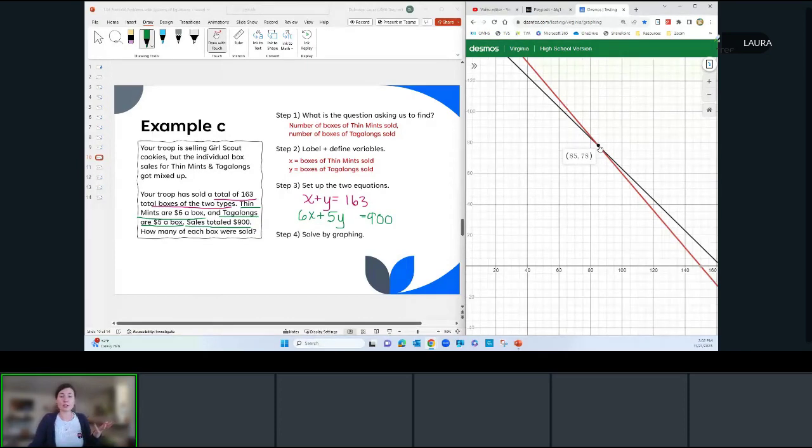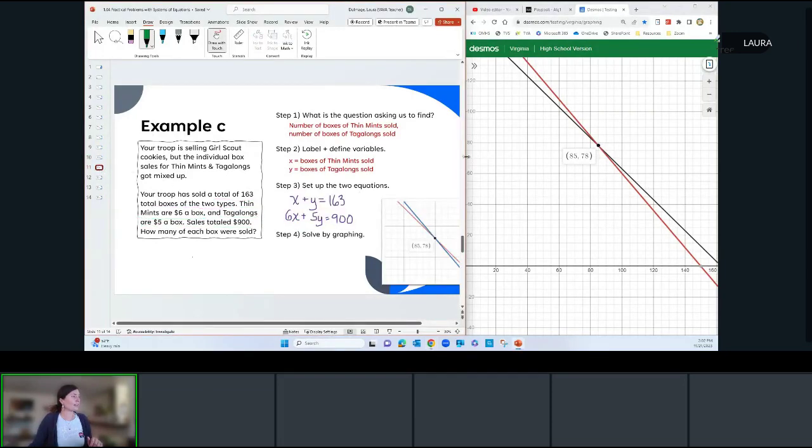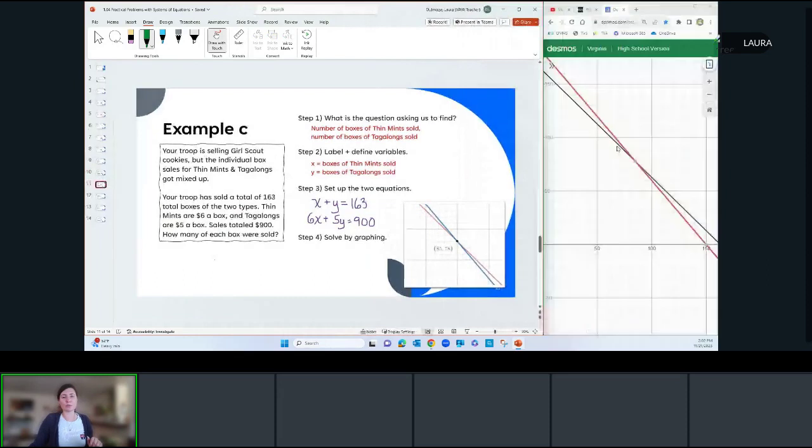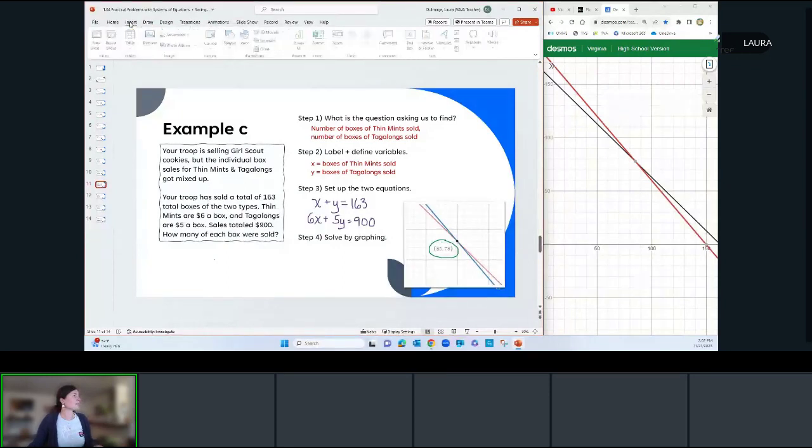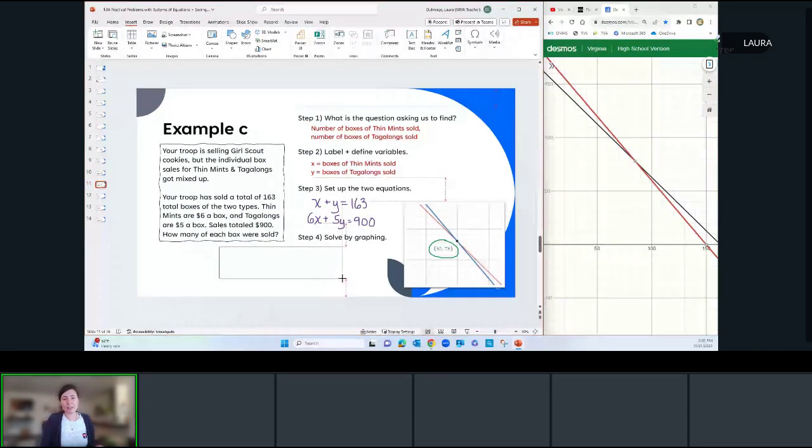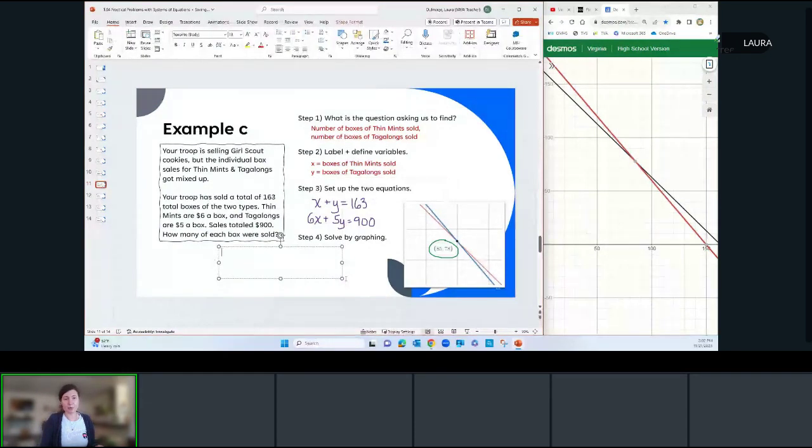All right, so we see that our solution is 85, 78. Looking at this next page, we had our two lines for our system. Here's our answer. So let's answer the question. 85 is the number for X. X was Thin Mints.